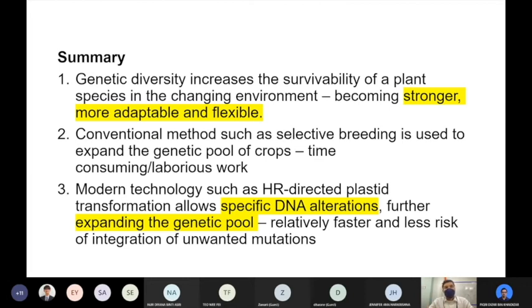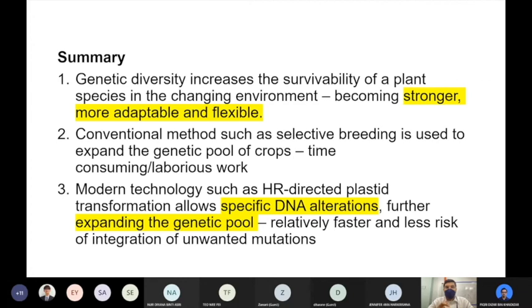And finally, modern technology, such as using this HR directed method, also increases the genetic pool, but using a more specific DNA alteration method.